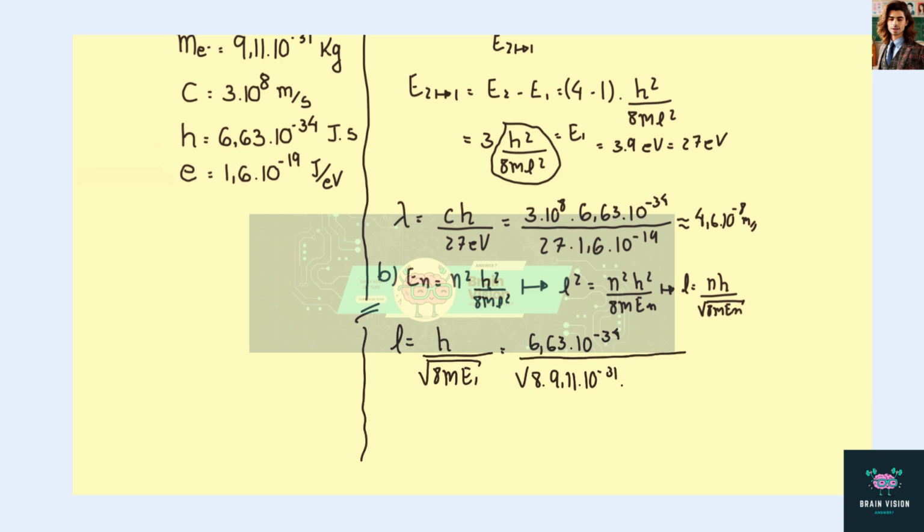E1 is equal to 9 electron volts. But in order to get the L in meters, we have to convert the energy from electron volts to joules. We do so, again, by multiplying the energy in electron volts by the electron charge, which is 1.6 times 10 to the minus 19. And this gives us a width of approximately 2 times 10 to the minus 10 meters.